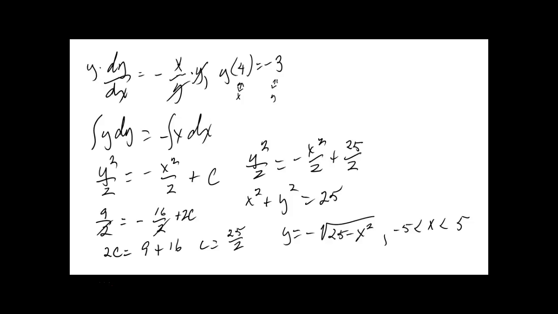Now, there is something said next about losing a solution. Some care should be exercised in separating variables, since the variable divisors could be 0 at a point. Specifically, if r is a 0 of the function h of y, then substituting y equal to r into dy dx equals g of x h of y makes both sides equal to 0.